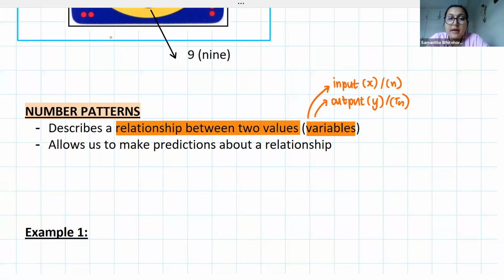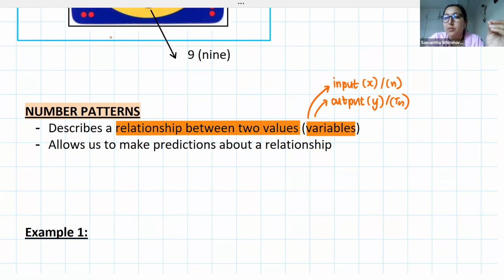This is important for businesses because obviously they want to know whether or not they are going to be successful. If you can start to look at the relationship between your income and your costs, looking at your profit, you can start to predict whether or not your business is going to be successful in the future.